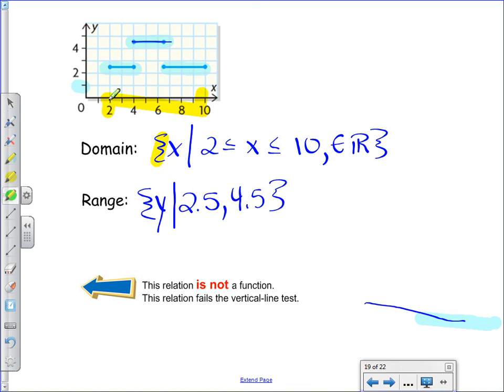If I were to draw it, it connects here. Those are both closed dots. So that means there are two y coordinates, or sorry, two x values. So it's not a function. Which is essentially saying it doesn't pass the vertical line test. Okay, any questions with this?